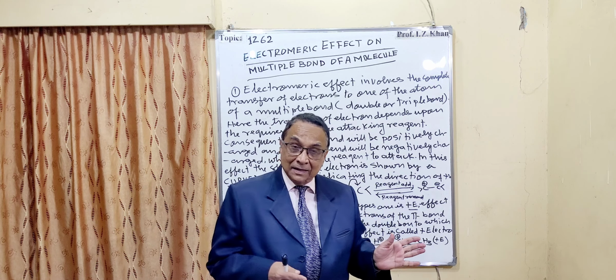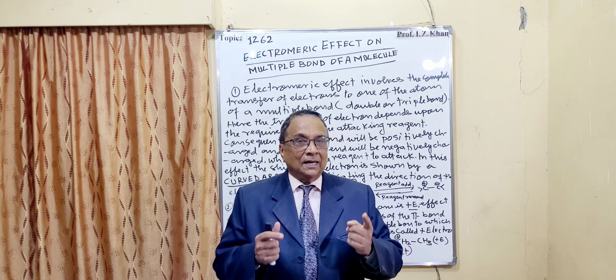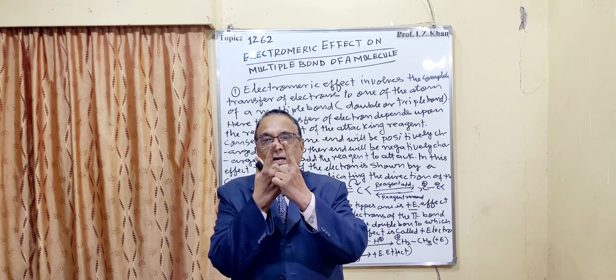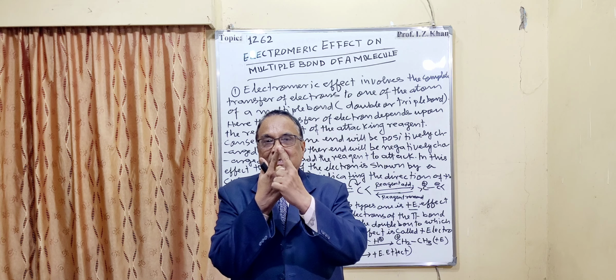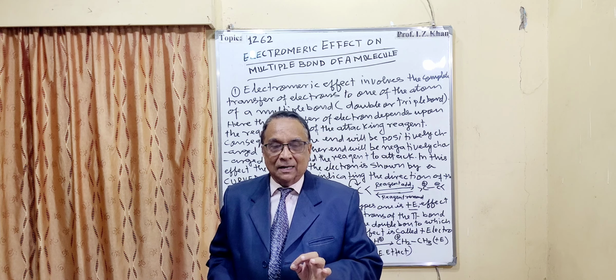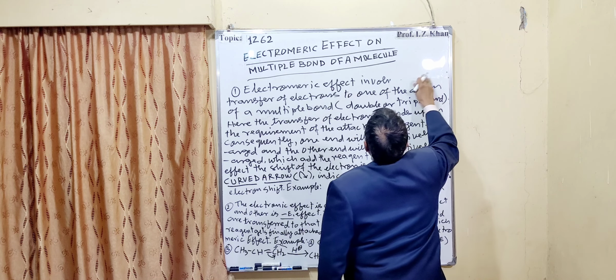Pi electrons are those electrons which are held in the overlapping of orbitals in a parallel fashion, like this, vertical. This overlapping is called pi overlapping. For example, let me show you here.